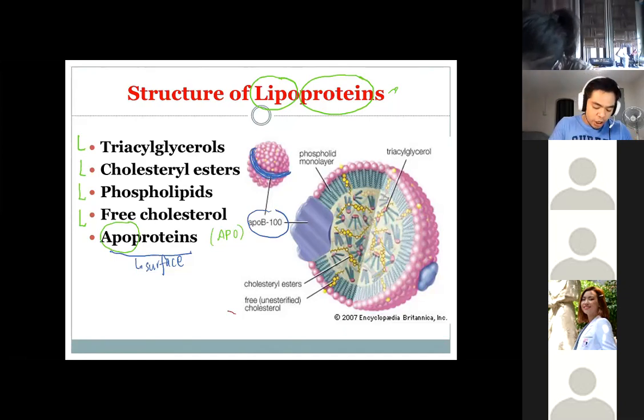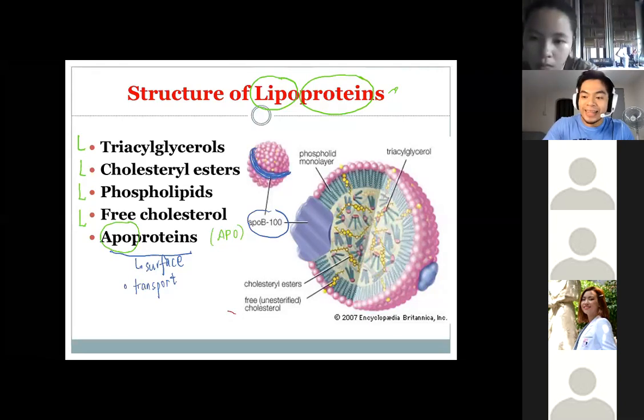So in particular, i-specify natin ano ba ang kwenta or ano yung importance ng protein portion. Nabanggit ko na important siya for transport. Okay? Important siya for transport para maipamigay ang lipid sa mga parte ng katawan natin. Okay? What else?